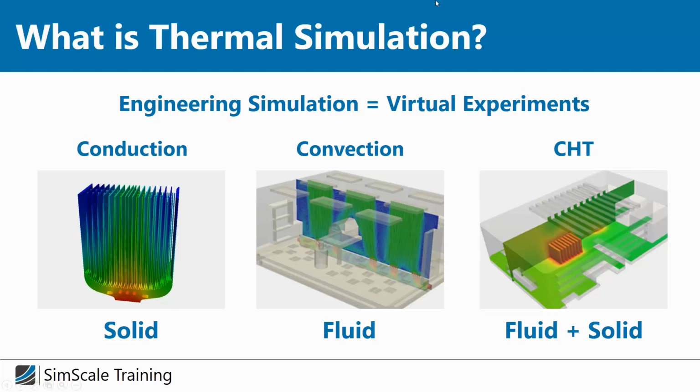Like in this example here, you can see a custom designed heat sink for a high performance electronic unit. And this simulation, for example, is representing the local temperature inside this heatsink. And as you can see, we have a very high temperature indicated by this red color here at the bottom of the part where it's connected to the actual electronics.